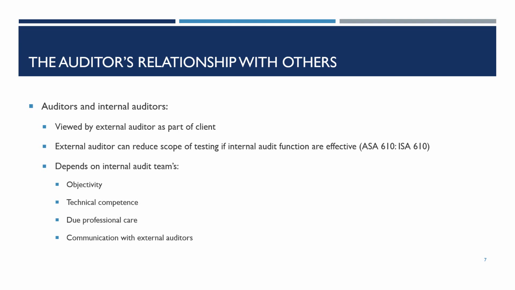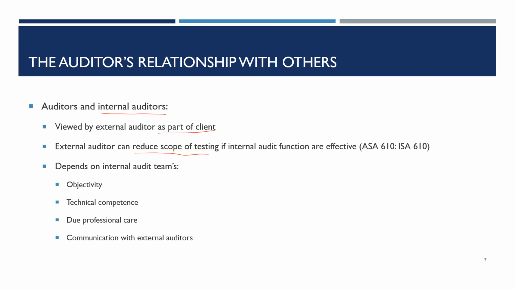The external auditor views the internal audit function as part of the audited company, and as such, the internal audit function can never be wholly independent of the company. However, if a company has an effective internal audit function, the external auditor can consider reducing the extent of their own audit testing.